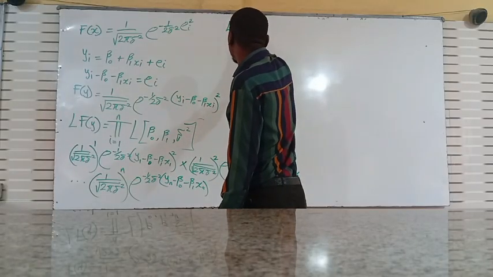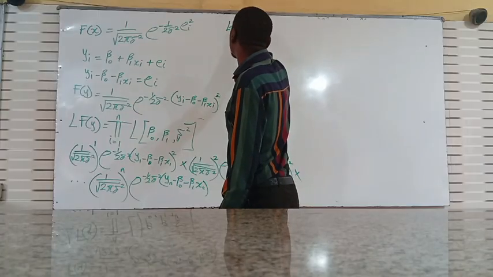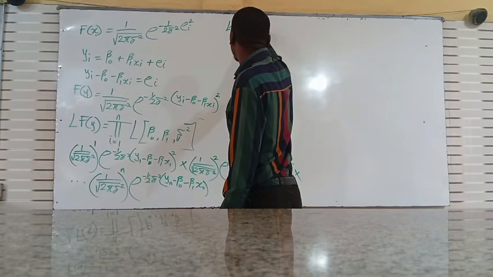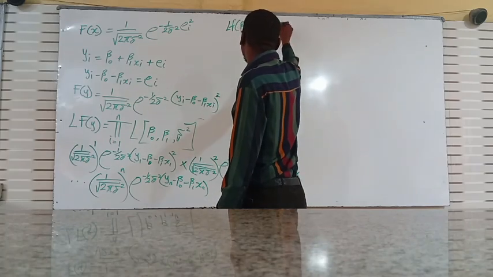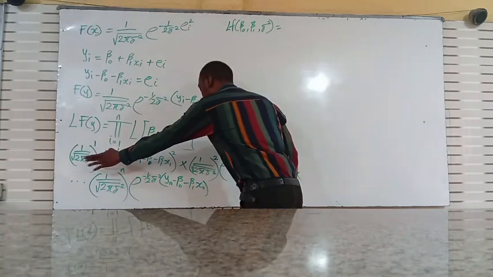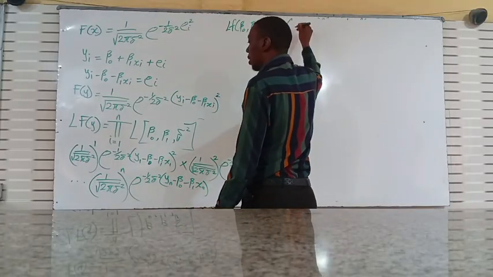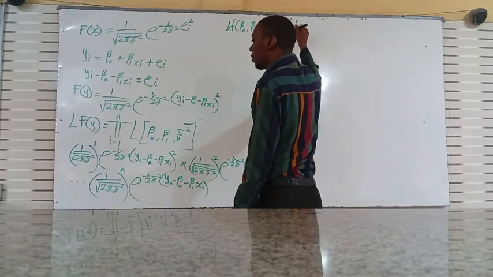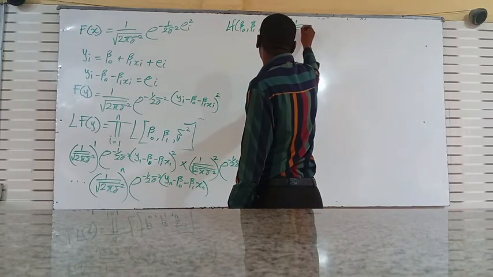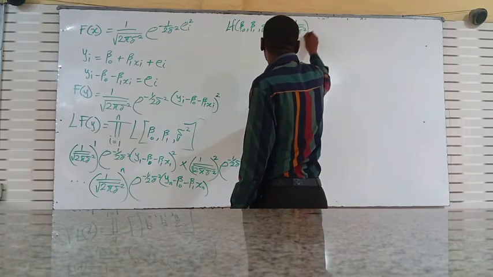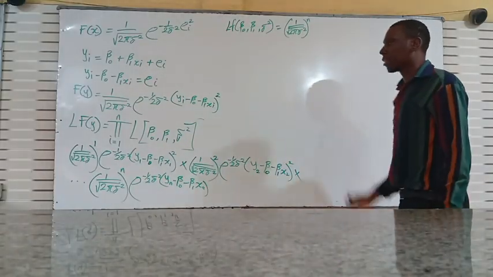This is our likelihood function of b naught, b1, and sigma square. So when you bring their sum, we will have this 2 pi raised to the power of n.